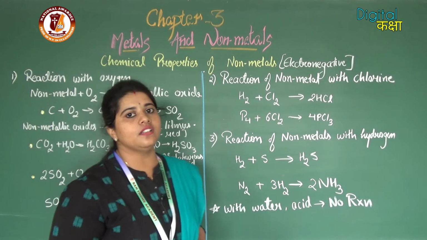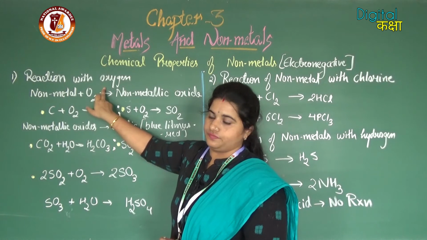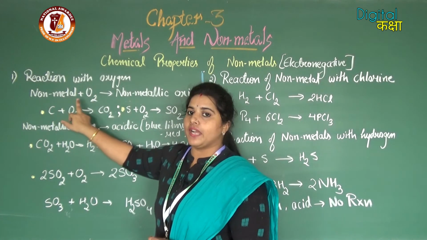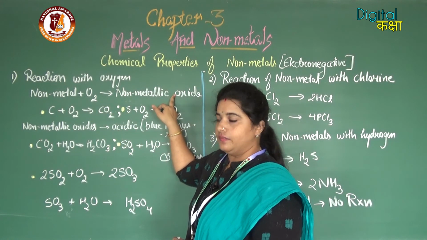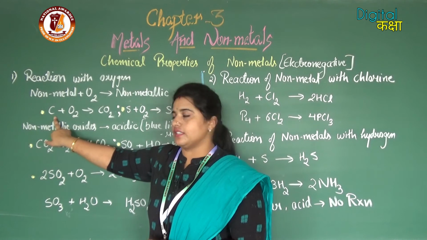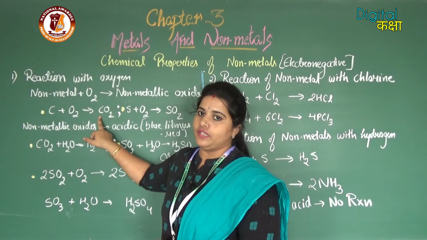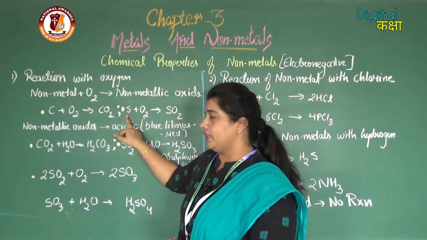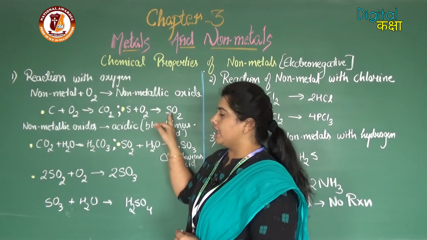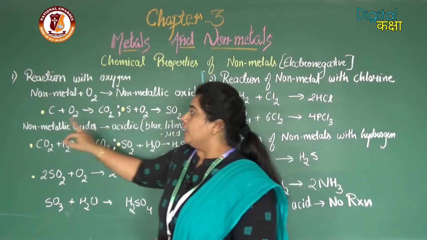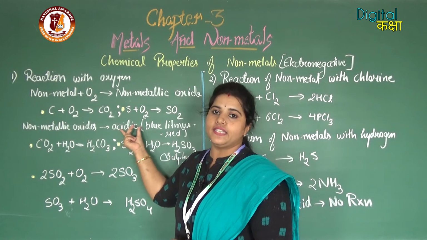The first chemical property is reaction with oxygen. Nonmetals when combined with oxygen form non-metallic oxides. Like carbon is a nonmetal, combining with O2 to form CO2, carbon dioxide. Similarly, sulfur combining with oxygen forms sulfur dioxide, SO2. Now, non-metallic oxides like CO2, SO2 are acidic in nature.